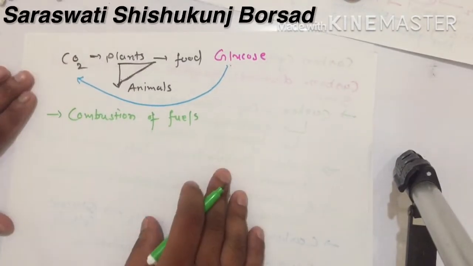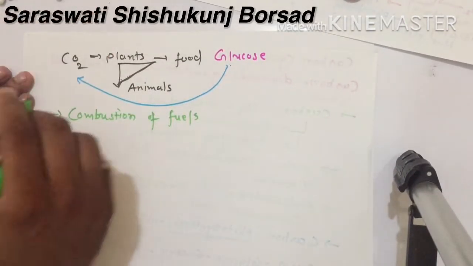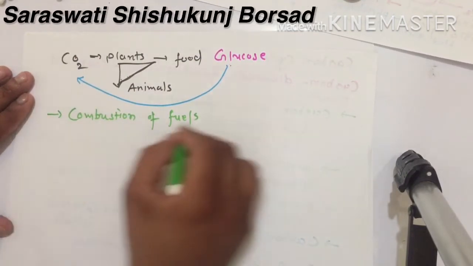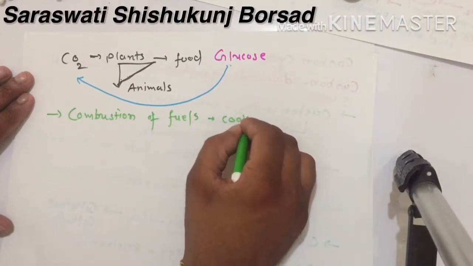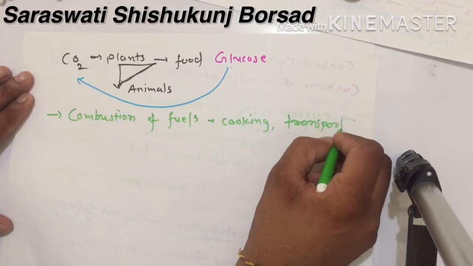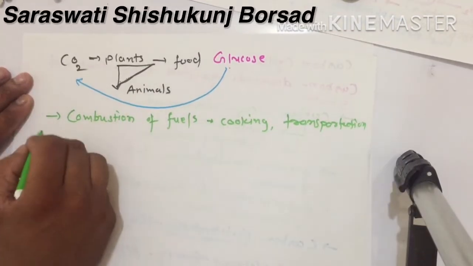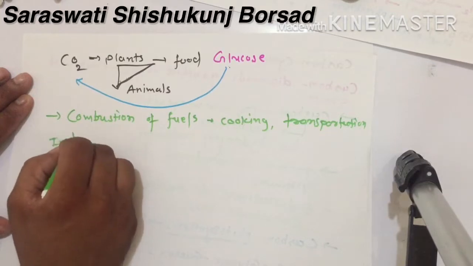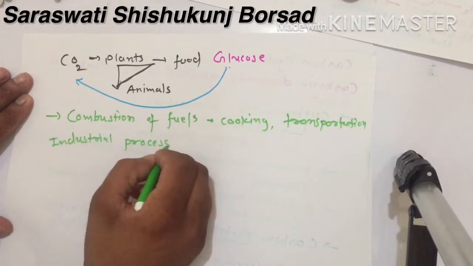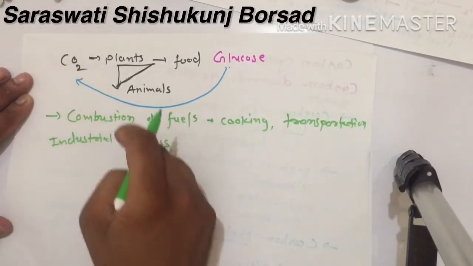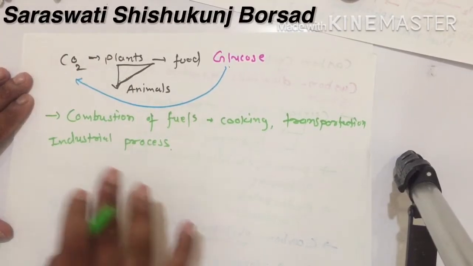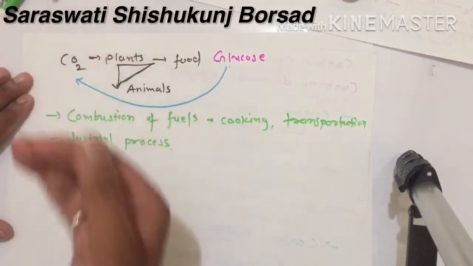So the fuel which we use, in that also carbon dioxide is released into the atmosphere, in our daily process of cooking, transportation, and also some industrial processes. Okay, by this, carbon dioxide is released back into the atmosphere, right? So this is the simple concept.